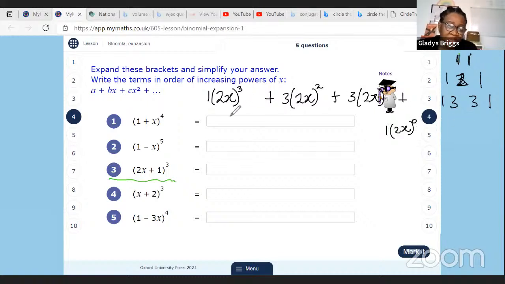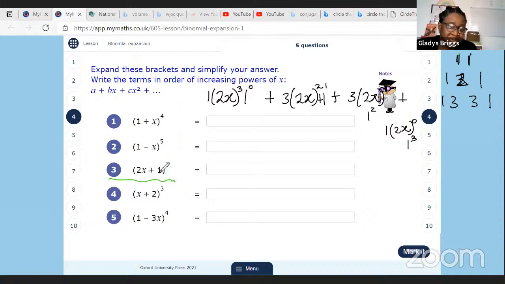Then going backwards, for the other term, you would have 1 to the power of 0, 1 to the power of 1, 1 to the power of 2, 1 to the power of 3.